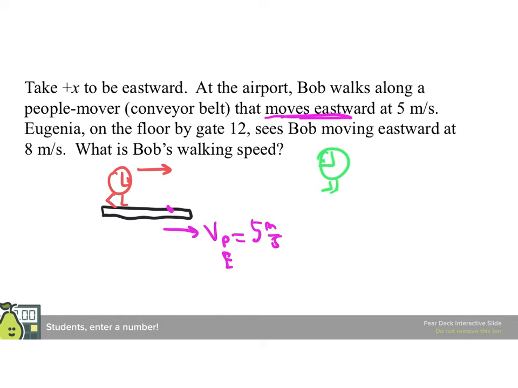Eugenia also sees Bob moving at 8 meters per second. What we're looking for is, how does Bob move relative to the people mover? So again, this is V of Bob relative to the people mover. We don't know what that is, but we'd like to figure it out.